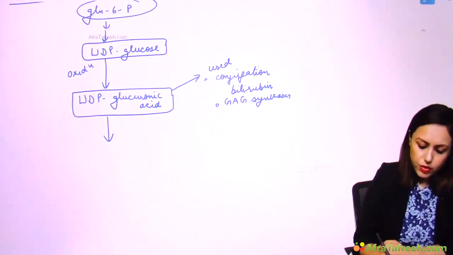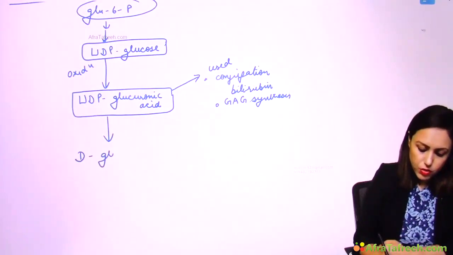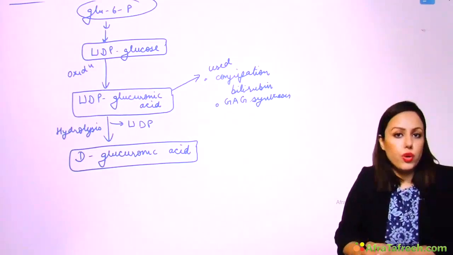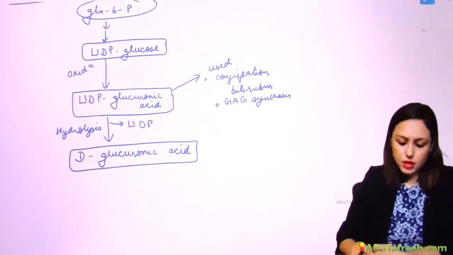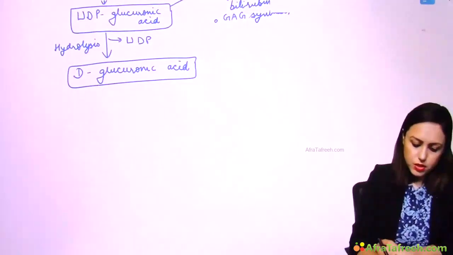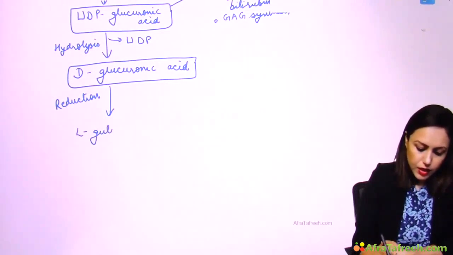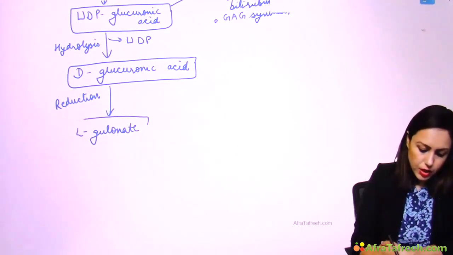Then UDP glucuronic acid is converted to D-glucuronic acid. Here the UDP group is removed by hydrolysis. So D-glucuronic acid is formed. Then by reduction of D-glucuronic acid, we get L-gulonate.